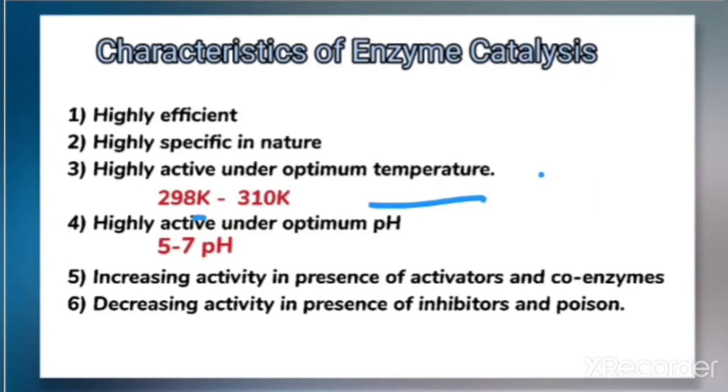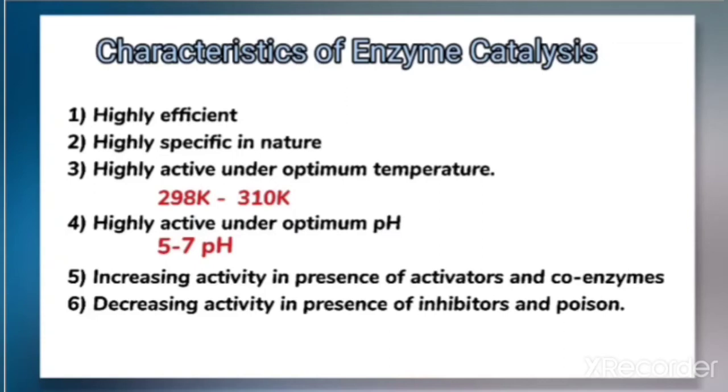So the optimum temperature range for the enzymatic activity is between these. So the human body temperature being 310 Kelvin, it is suited for the enzyme catalyzed reactions. So we can say that the activity of enzyme is high at this temperature.